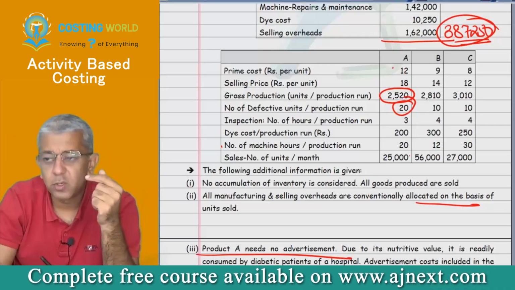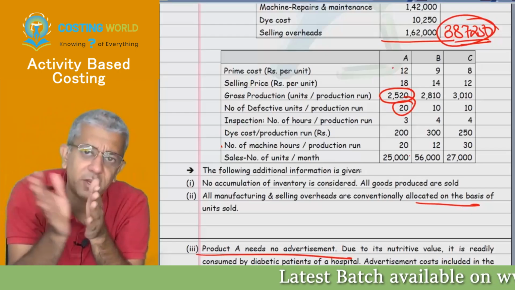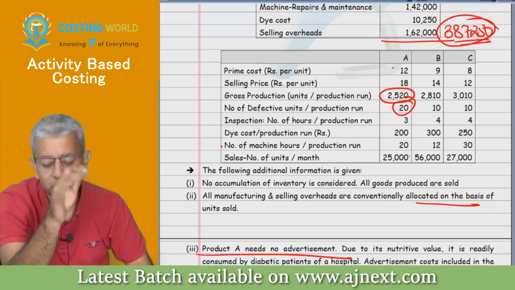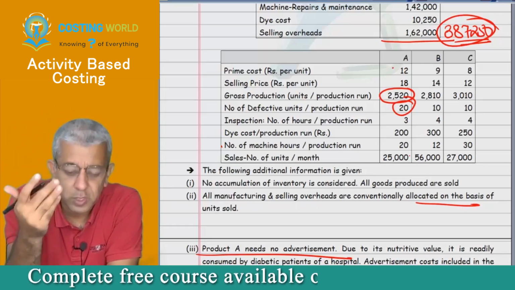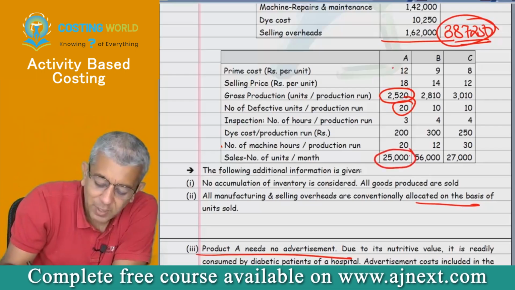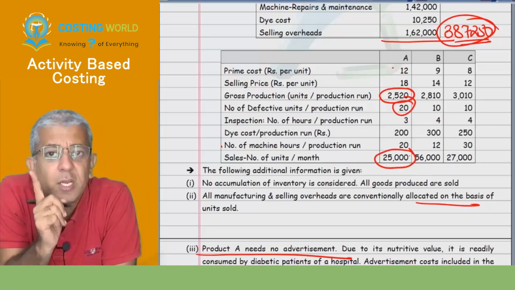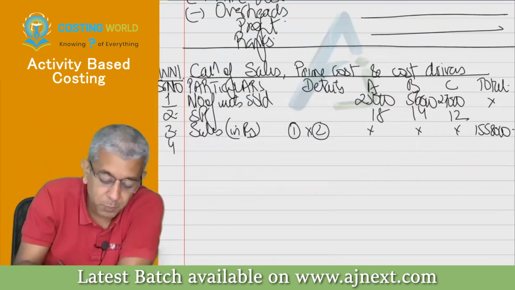Likewise, in each and every run, I used to produce 2520, 20 were defective. So good units were 2500 units which used to get sold. By selling such 2500 units per run, can we say ultimately we sold 25,000 units? So therefore, the number of production runs will be 10, no? Yes.